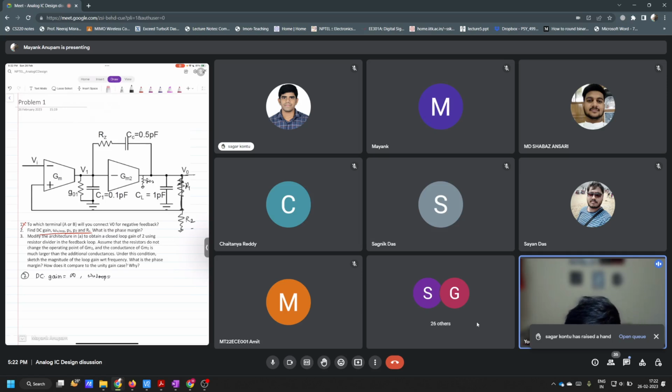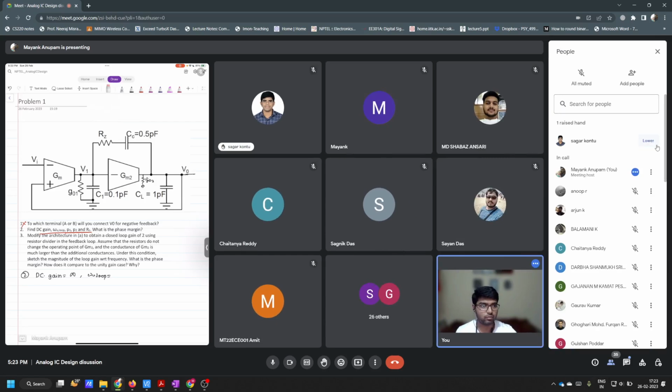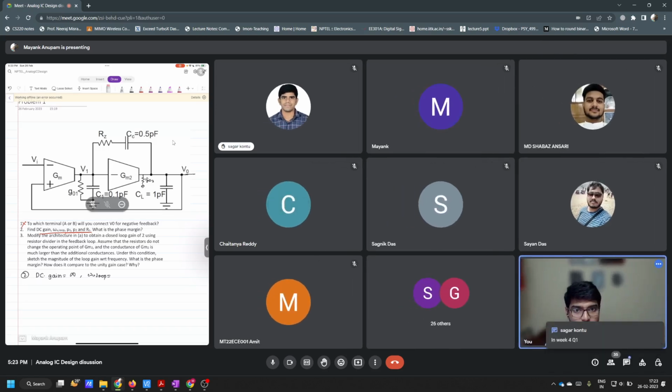You have to break the loop and then you can see whether it is coming in parallel or not. Basically you have to find the loop gain, and in that loop gain you have to see whether things are coming in parallel or not. Is that fine? Is this explanation fine, by the way?